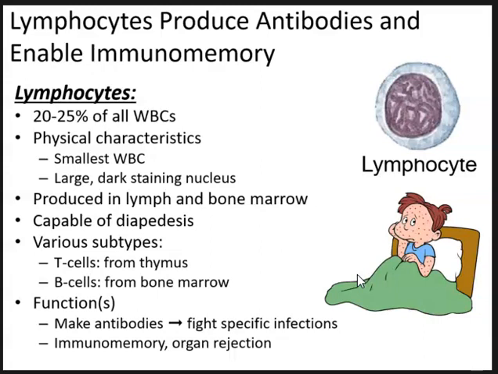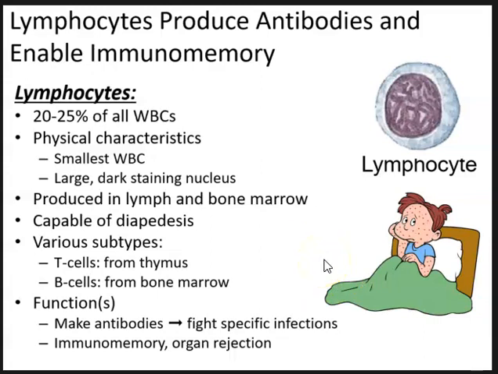T cells are lymphocytes that mature in the thymus, thymus being a very important lymph organ. B cells, or B lymphocytes, originate and mature in bone marrow. Now, these cells are also capable of diapedesis, meaning they exit the bloodstream and enter tissues. So we know that they have specific functions.